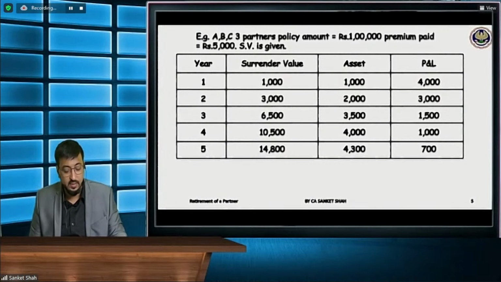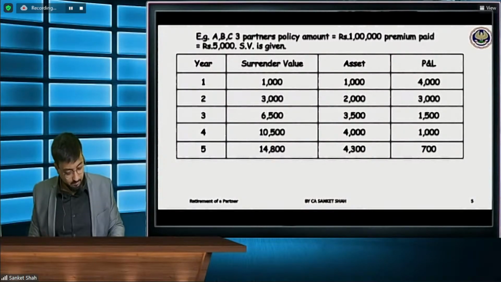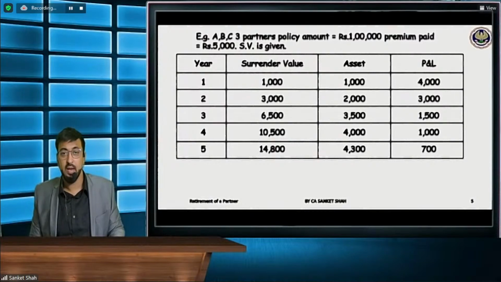So son, in case of death, what will you get? Which amount will you get? Tell me quickly, in case of death, which amount will you get? If you don't want to interact, I will stop the session. If death happens, what will you get? Don't write asset and P&L column. You will get the policy amount, meaning 1 lakh rupees in case of death, and in case of retirement, you will get surrender values.